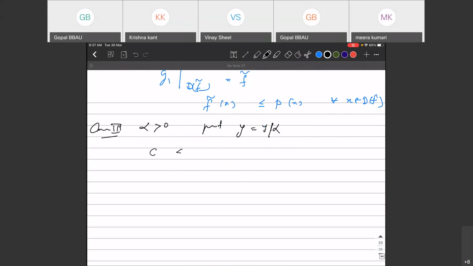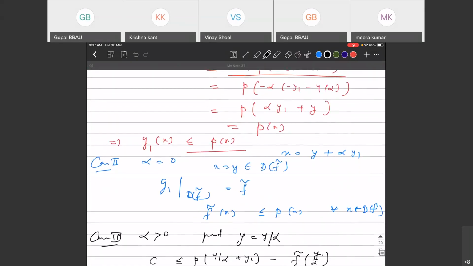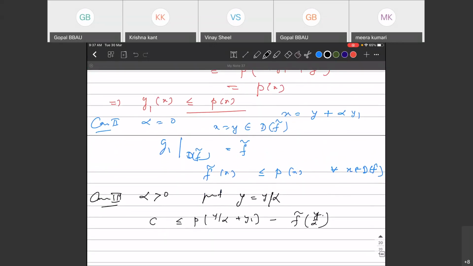So this y is a variable. y is anything in the domain of f tilde, okay?